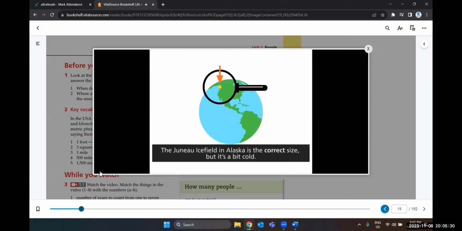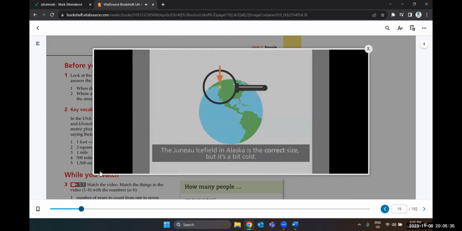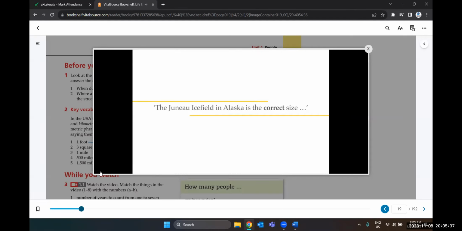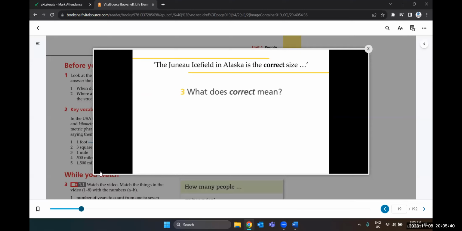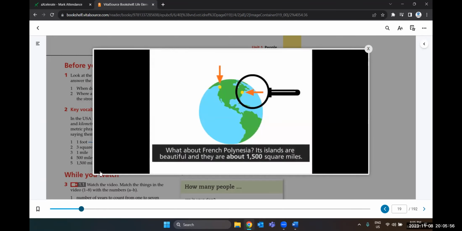The Juneau ice field in Alaska is the correct size, but it's a bit cold. What about French Polynesia? Its islands are beautiful, and they are about 1,500 square miles.